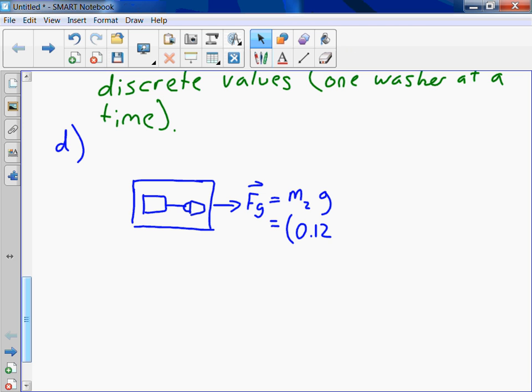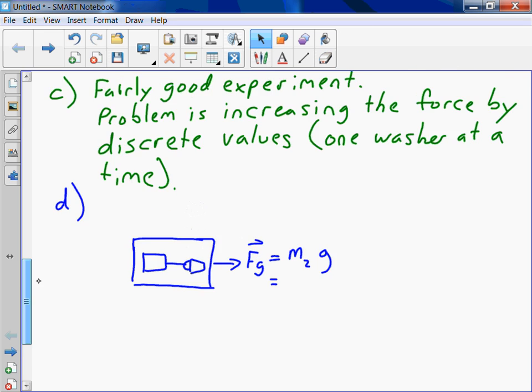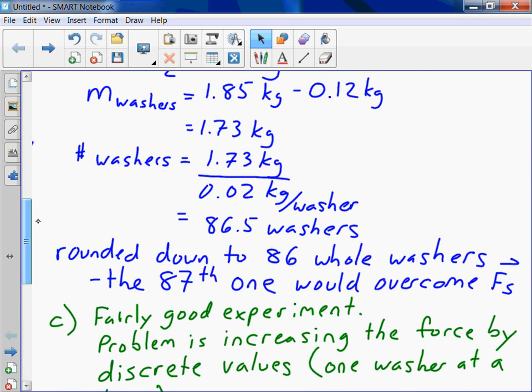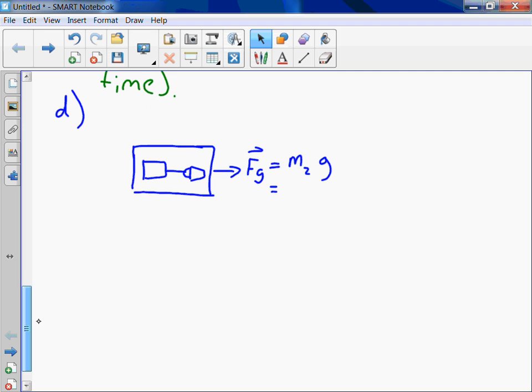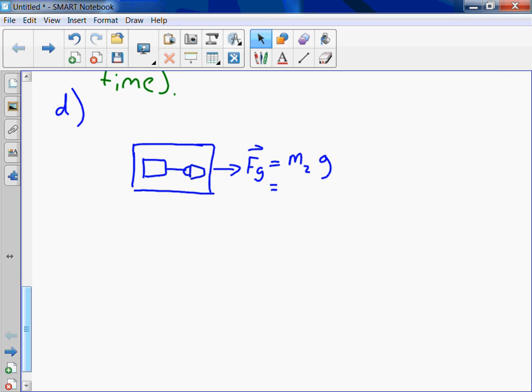Actually, we can get this value. Let's not do things over when we don't have to. We've already calculated that mass. Yeah, the total mass of the bucket here, 1.85. That's the mass that's just going to get the system to start accelerating.